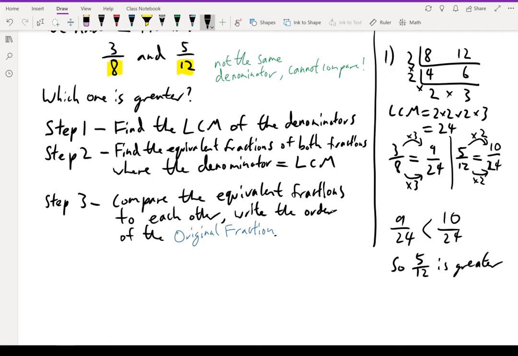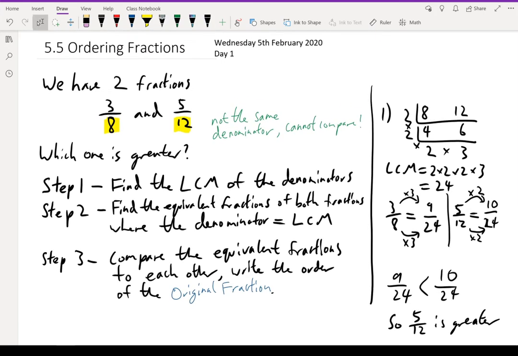So don't write it in the common denominator form. Write it back in the original form. Okay, so this is how we order fractions. And it works for any types of fraction.